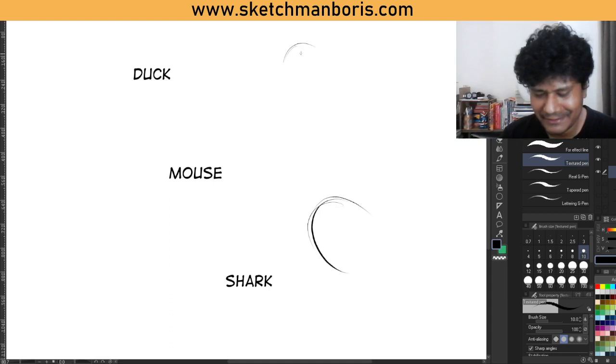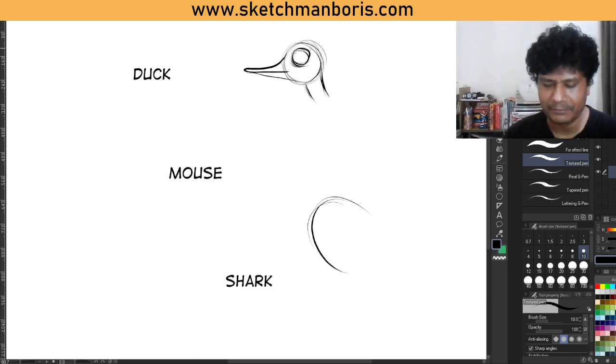So the duck's head, it's similar. I think the duck's head is also a round circle, right? And with just the silhouette, with the beak, you can tell what bird it is, right?